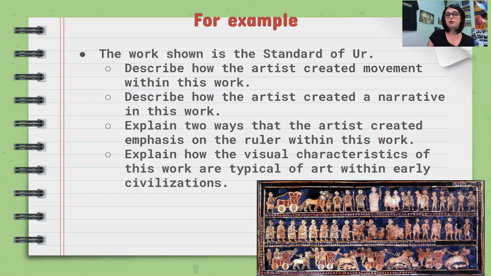All right, then the next one. How are these visual characteristics of this work typical of art during this time? So we're going to tie it into, okay, what is this artist doing that's pretty typical for art during early civilizations? Well, we know art of early civilizations used hierarchy of scale. That's a tool that an artist uses to convey a message. It's a technique that says, hey, this person is bigger and more important, by using hierarchy of scale, right? You could also say the telling of stories in registers.